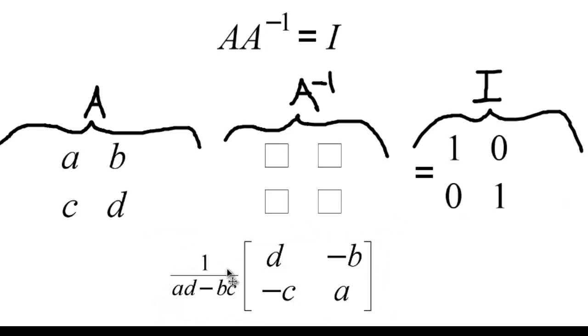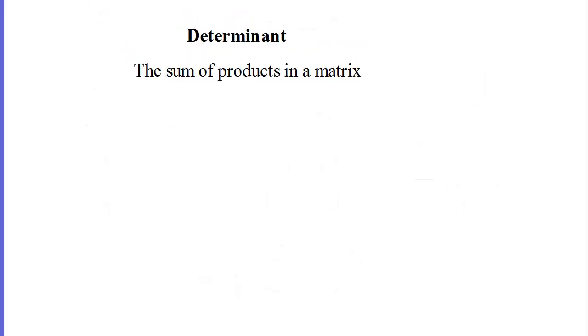It turns out this number right here, AD minus BC, is a special number we call the determinant, which is used for not just 2 by 2 matrices, but much farther beyond it. So a quick sidebar to talk about the determinant, because it actually has applications beyond just finding the matrix inverse. The determinant is found by summing the products of a matrix.